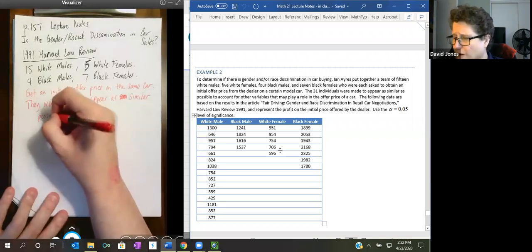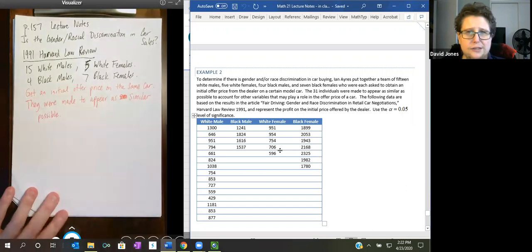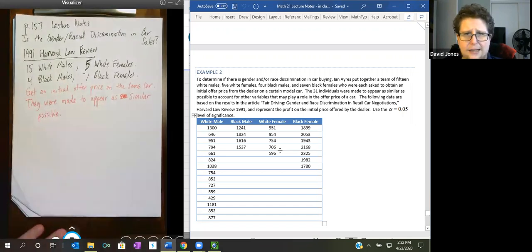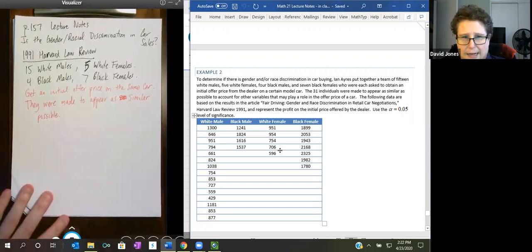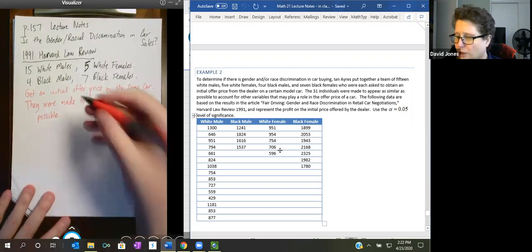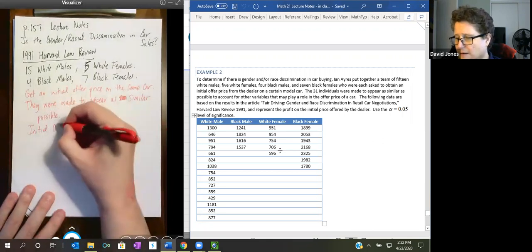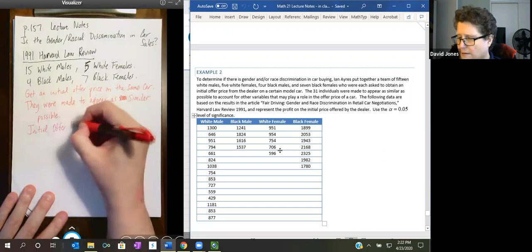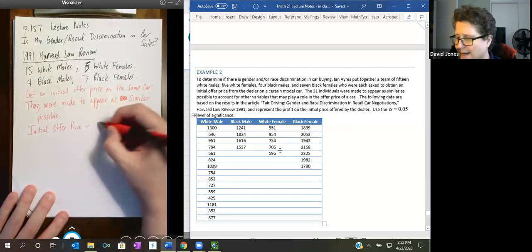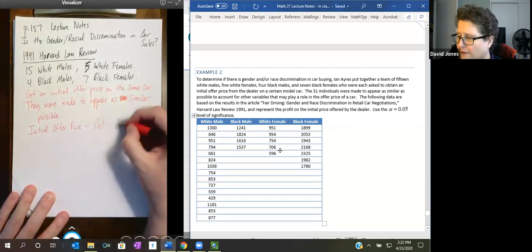They all drove up in similar looking vehicles. When they said their jobs, they all worked in similarly paying fields. And they wanted to see what the initial offer price was. Because initial offer price minus the cost of the car is the profit to the dealership.